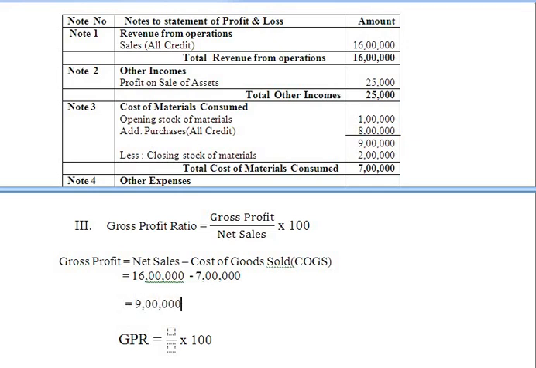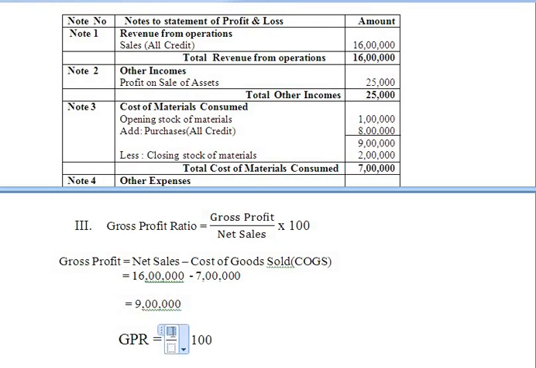So 9 lakhs is the amount of gross profit. Gross profit is net sales minus cost of materials consumed or cost of goods sold. Net sales is 16 lakhs whereas COGS is 7 lakh. So 16 lakh minus 7 lakhs, balance is 9 lakhs. So 9 lakhs is gross profit. And net sales, here already we have written net sales.